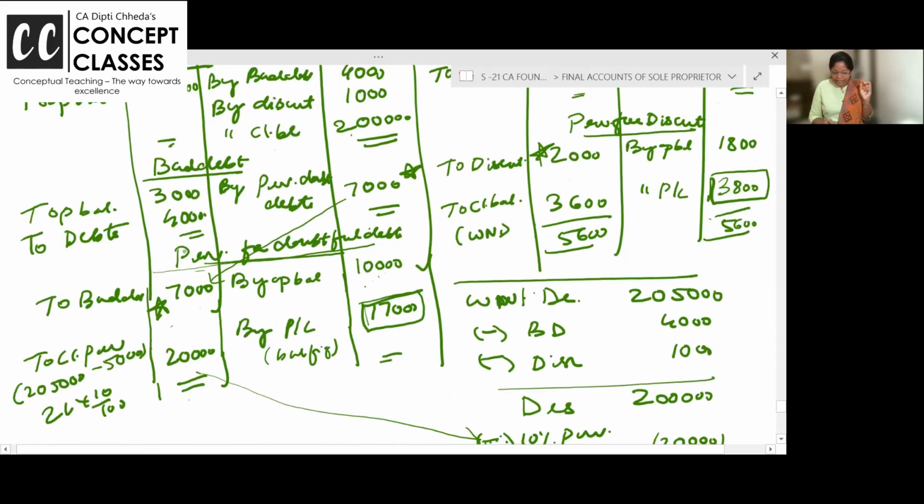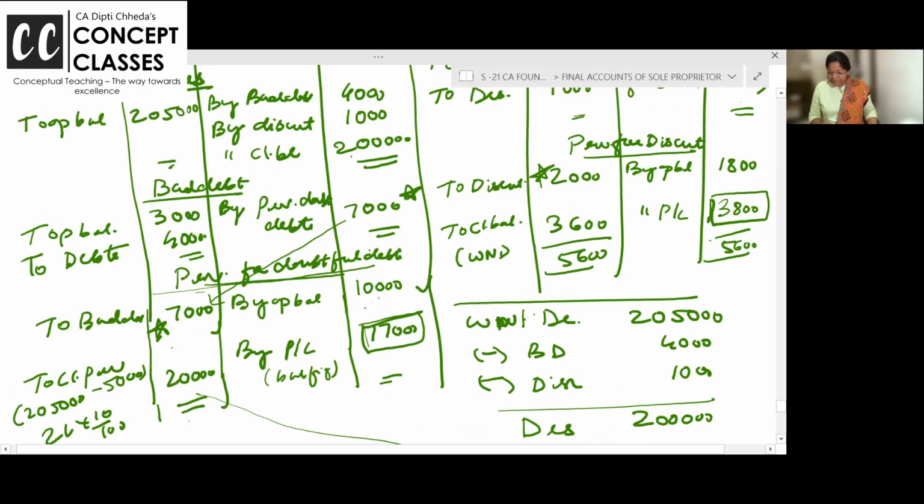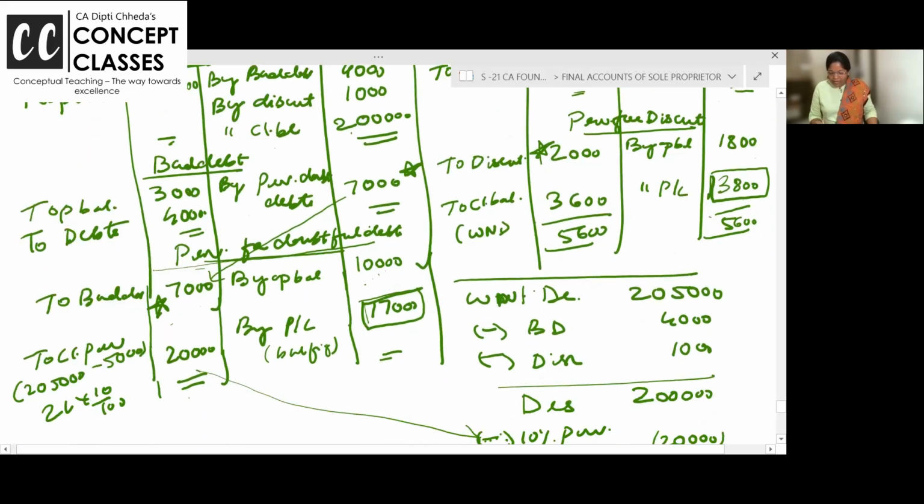Now, bad debt total is 7,000. Okay? Provision for doubtful debts. Already you had 10,000. Against that, actual bad debt was 7,000. 3 were already there, 4 more, 7,000.